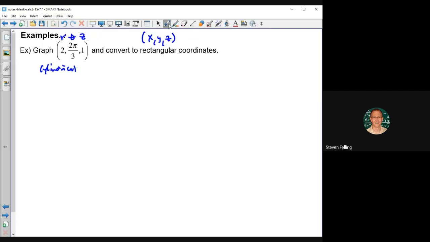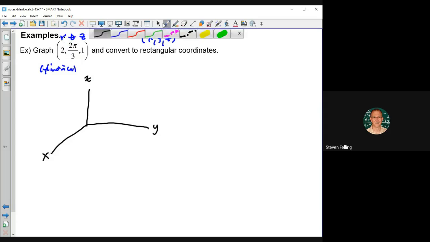So if I'm graphing that, maybe I could graph that in 3 dimensions here. I'll draw an x, y, z coordinate system. Rather than convert it, let's just graph it directly from the cylindrical coordinates. We're at a radius of 2 at an angle of 2 pi over 3. The angle is measured from the x-axis. Imagine going from 0 to pi in the xy plane. 2 pi over 3 would be somewhere over here, so we're in this direction.